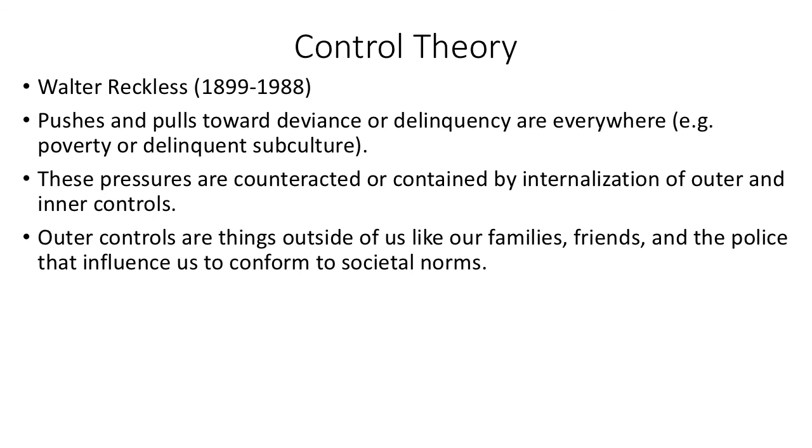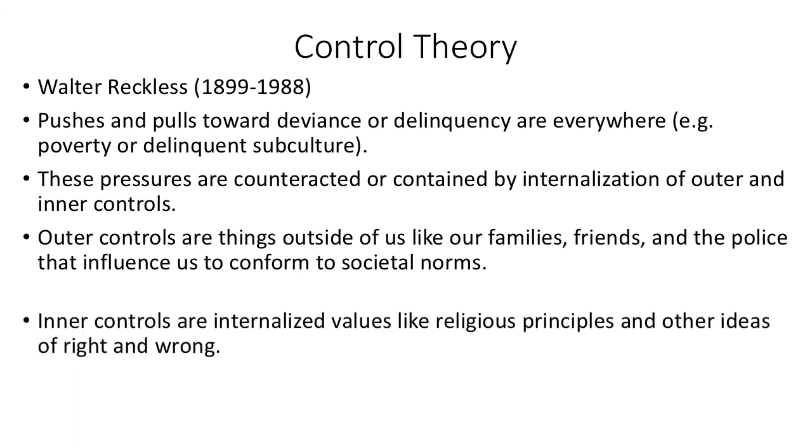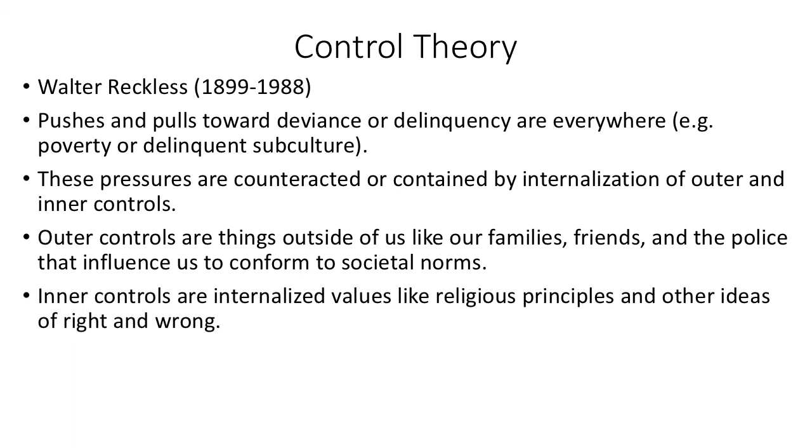They are outer controls, external controls, outside of us. Family, friends, police, they are all outside of us. Now, we also internalize inner controls. Inner controls are internalized values. These may be things like religious principles, for example, or any other internalization of any notion of right and wrong.